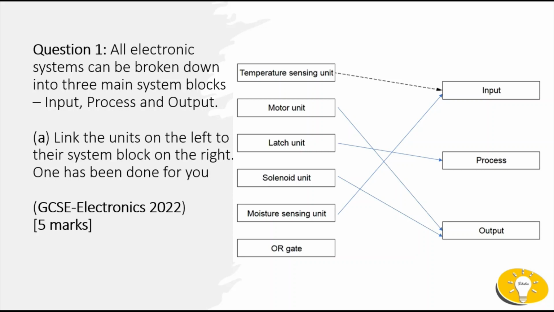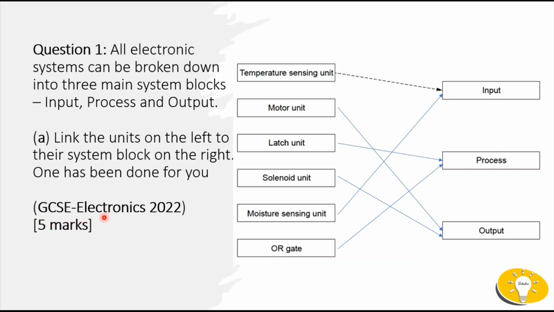And the last one, OR gate. Any gate, AND gate, OR gate, these are basically processor units. So you would get 1 mark for each correct link, so altogether it is 5 marks.